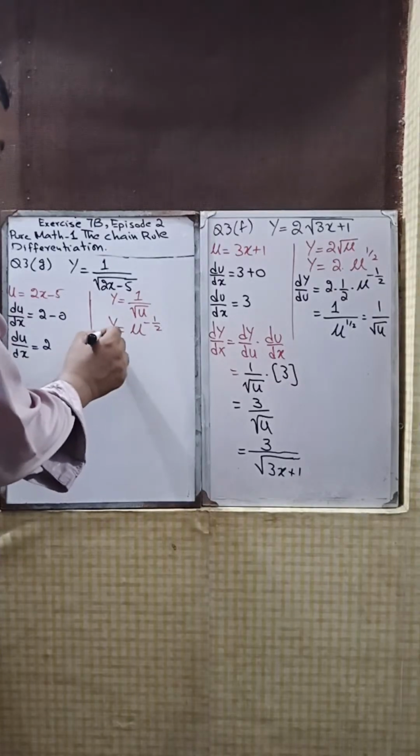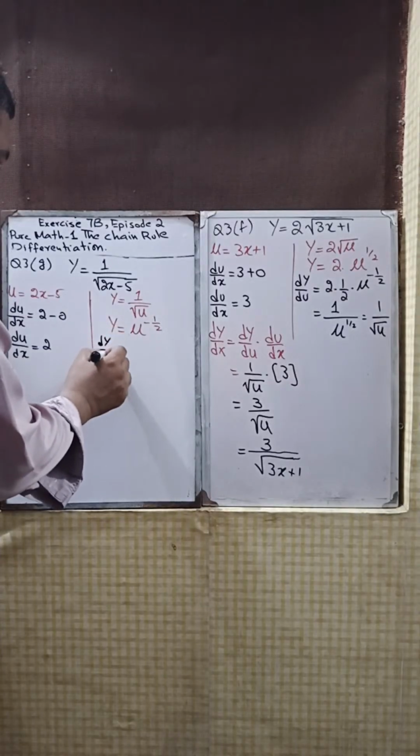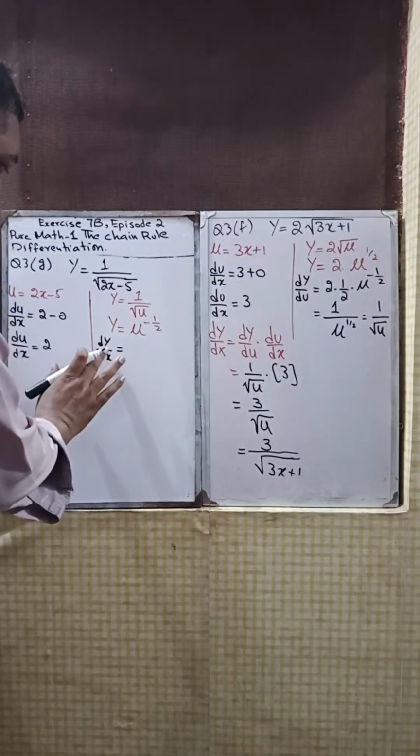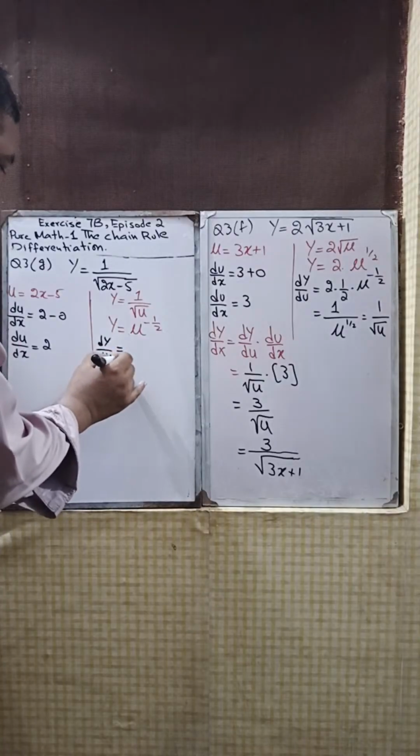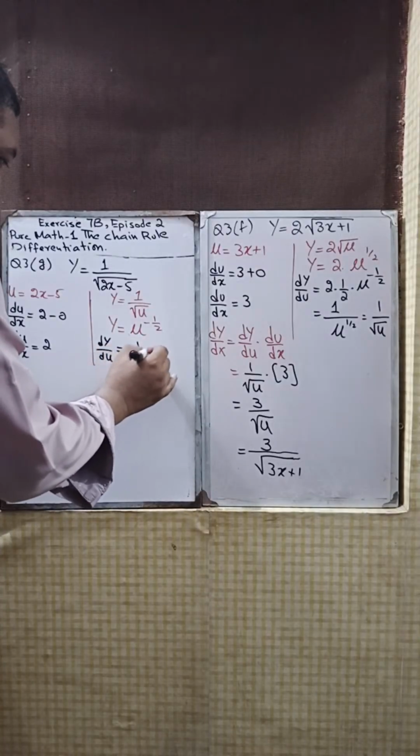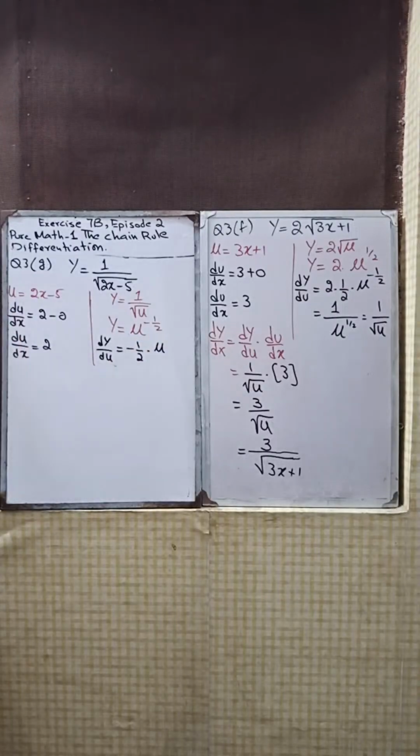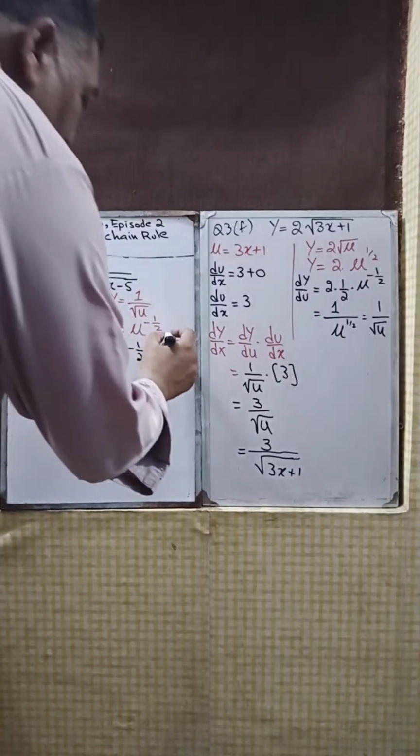Here it will become dy by du, sorry, I said dx. Minus 1 by 2 will come on the side. The power has to be decreased by 1, so minus 1 by 2 minus 1 will become minus 3 by 2.